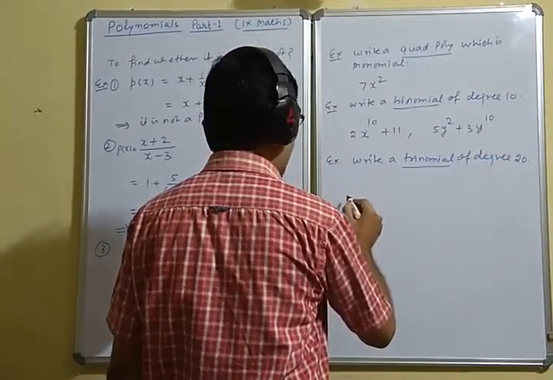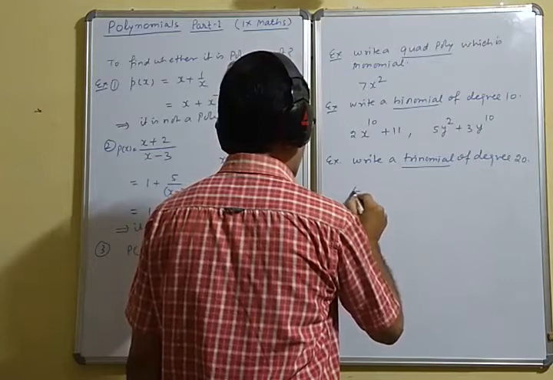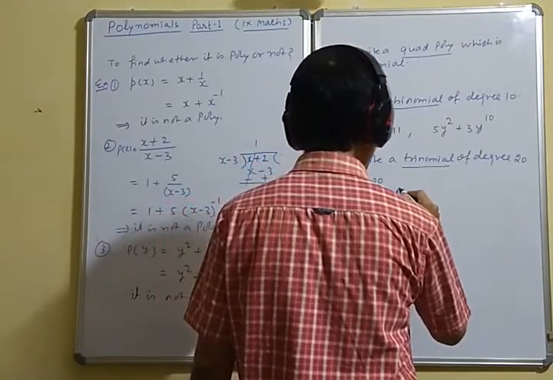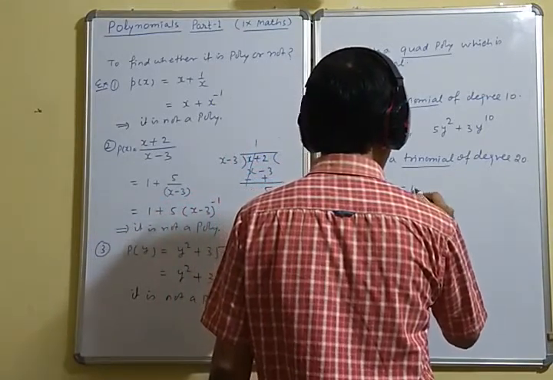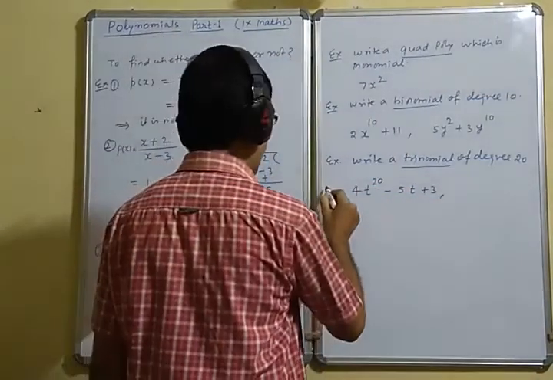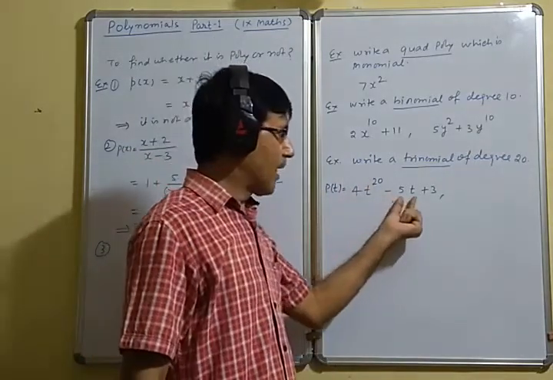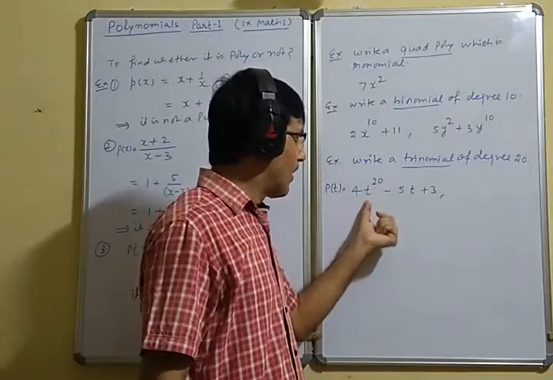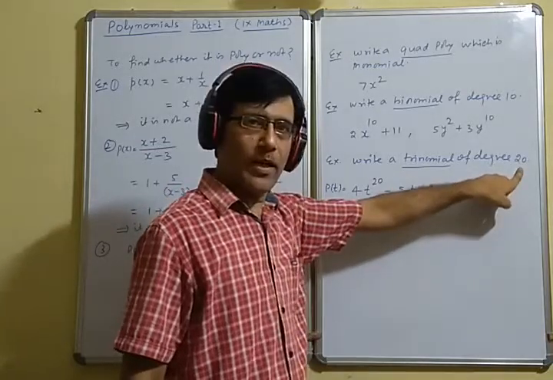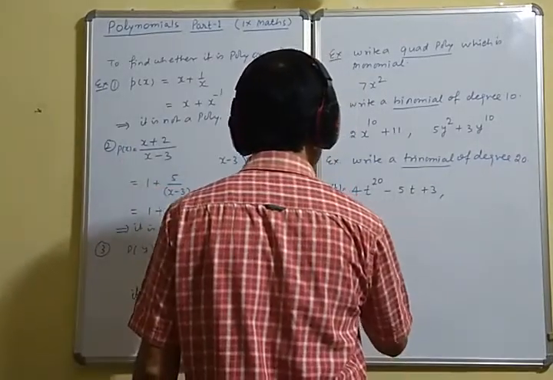So write an example: 4t raised to power 20 minus 5t plus 3. This is in t. How many terms are there? 1, 2, 3. Three terms means trinomial, and the degree is 20 because of t raised to power 20. You can write another example.